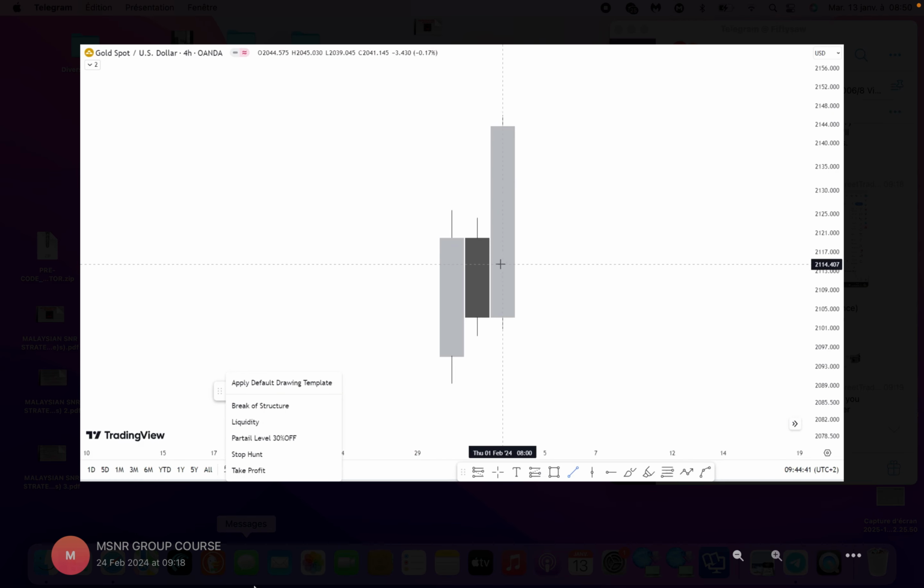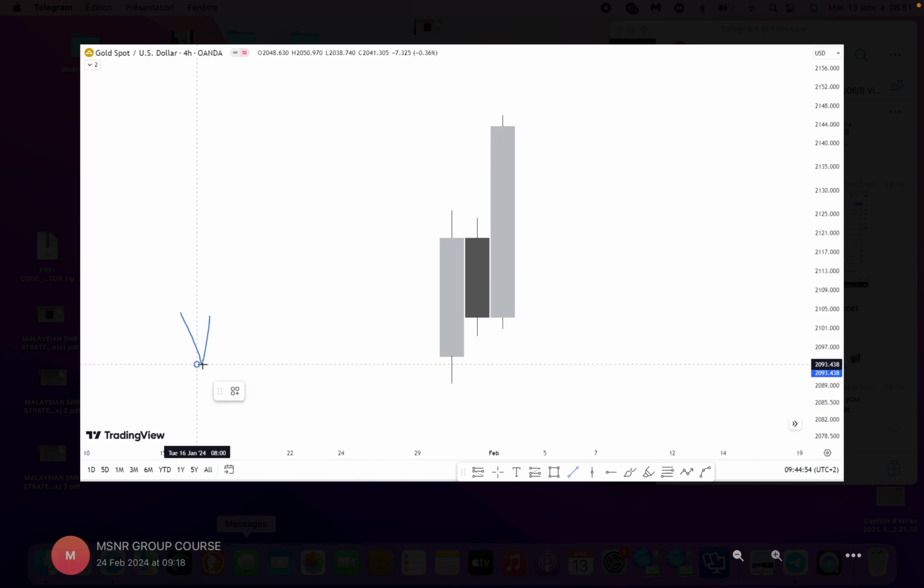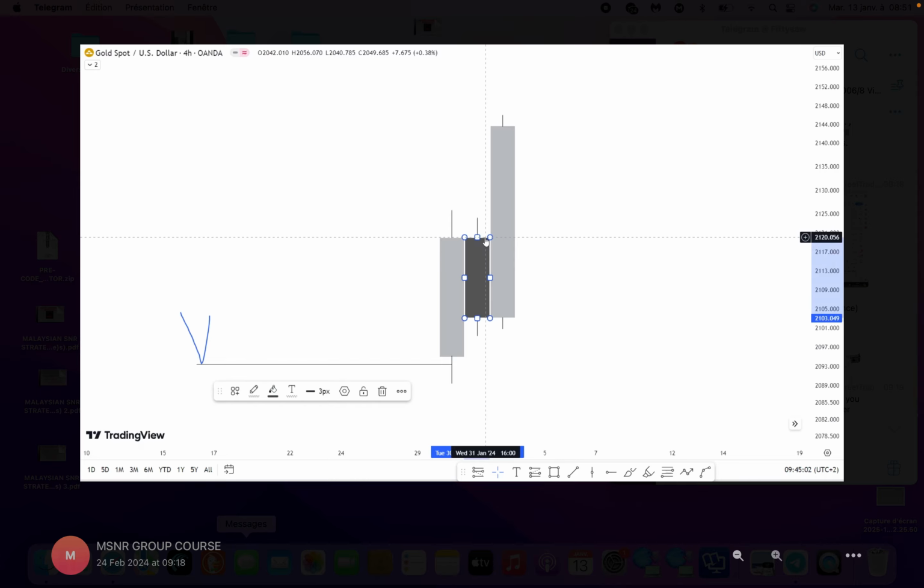Okay, so right here. Let's start with this candle right here. Let's say that this candle took out a low. I'm not gonna draw that other one right here, or let me just bring this one right here.